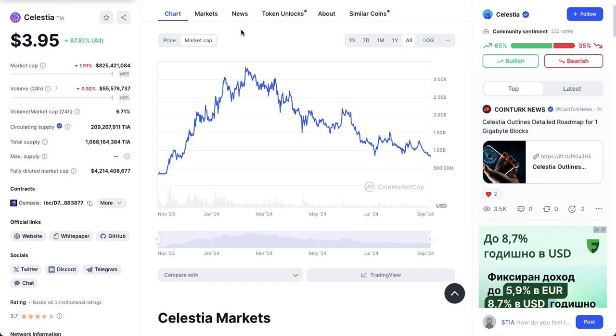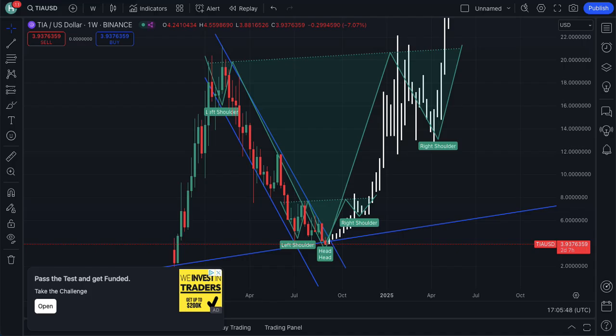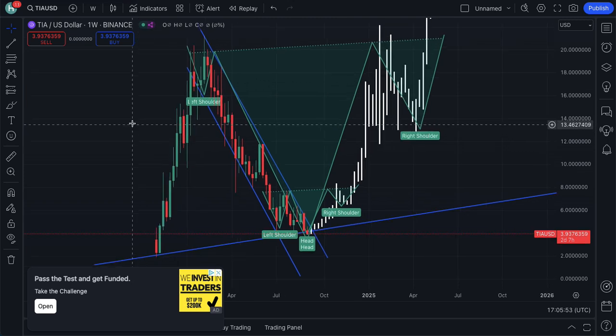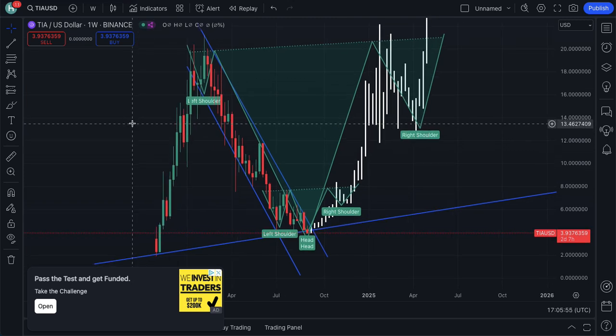Am I saying that Celestia can potentially reach this 100 billion valuation? Well, I'm not quite certain, but it certainly has the fundamentals for it, since a lot fewer blockchains reach these targets.